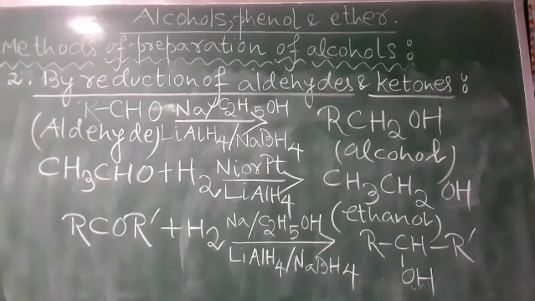And in the third reaction, you can see I have taken a ketone represented by RCOR'. CO is the functional group of ketone, treated with hydrogen in the presence of sodium dissolved in ethyl alcohol, or lithium aluminium hydride, or sodium borohydride, forming a secondary alcohol.